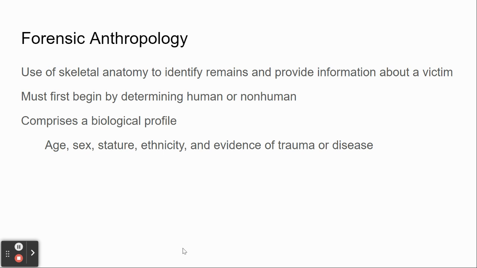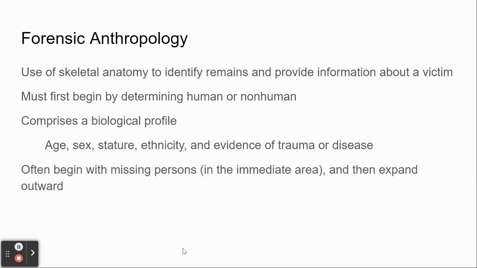And then from that, you might be able to get an estimation on height or body size. That's going to be important. Ethnicity, there are some characteristics that are used. Depending upon whether you're doing this class online or in person, we will do a lab that looks at some of the traits associated with skeletons with regard to ethnicity, and then the evidence of trauma or disease. Those end up being very important as well.